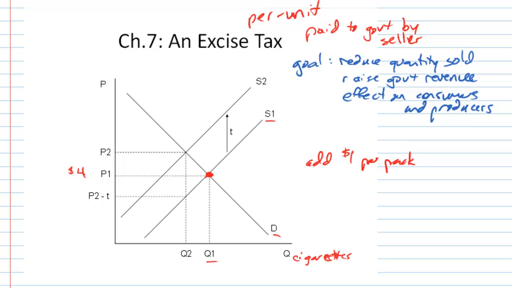The best way to think about this is that without the tax, sellers are willing to sell Q1 units of this good at a price of $4, but now they need to send $1 away to the government for every pack that they sell. That means that whereas before the tax they were willing to accept $4 per pack, now to get that same amount they've got to get $5 per pack. I'm putting that up here for a specific reason.